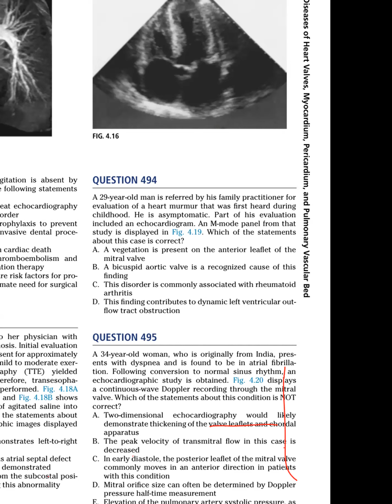But in SAM, you'll see it going up towards the septum in systole. It will open nicely in diastole, you get the M pattern, but in systole, that flat line from C to D, you'll see it moving upwards towards the septum. That is not what we are seeing here, so that makes D false. So the correct answer here is B.